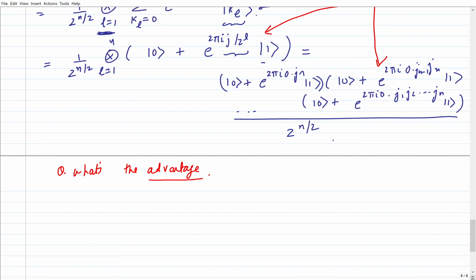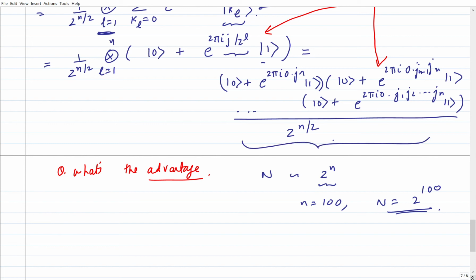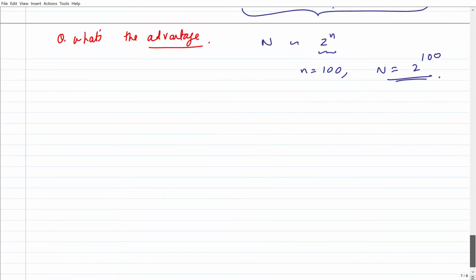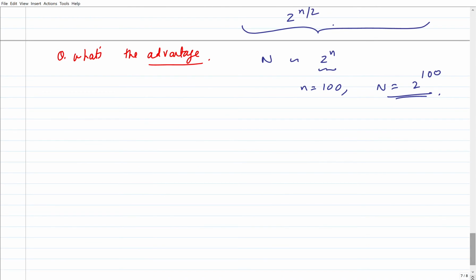I mean, n can be huge. So for example, if n is 100, n would be more than the number of particles in the universe or something like that. So we were able to decompose through the tensor product notation into such a circuit over here. So the advantage is that we get a very efficient circuit to do quantum Fourier transform.